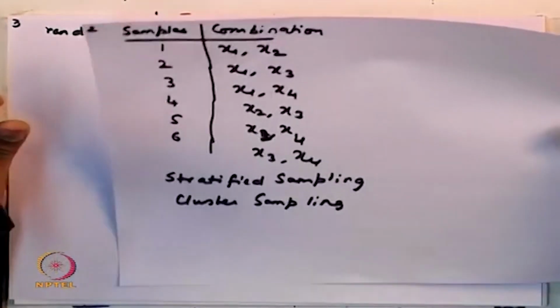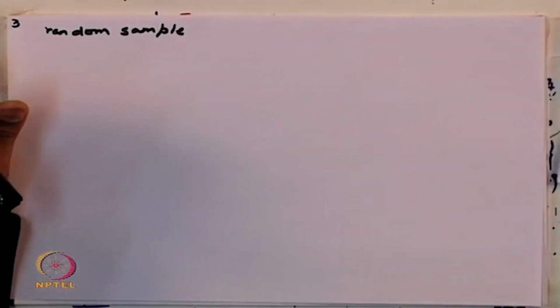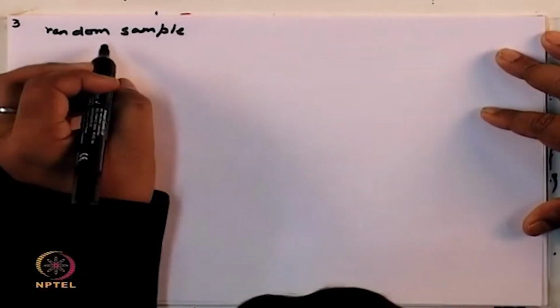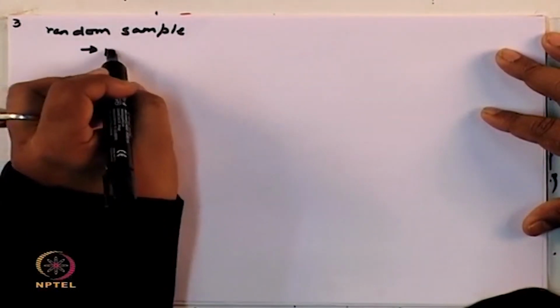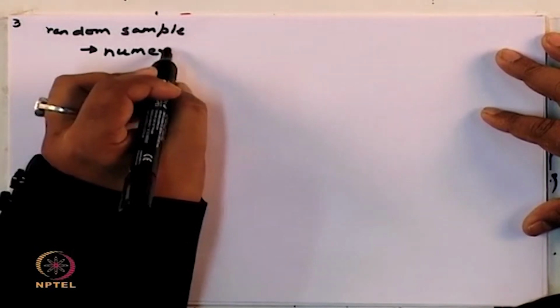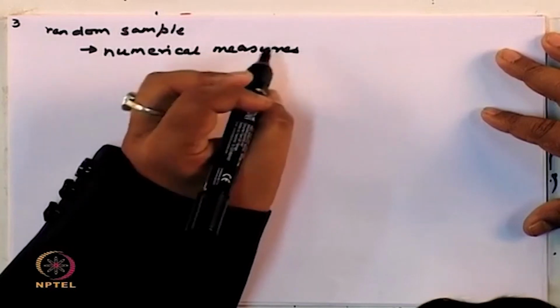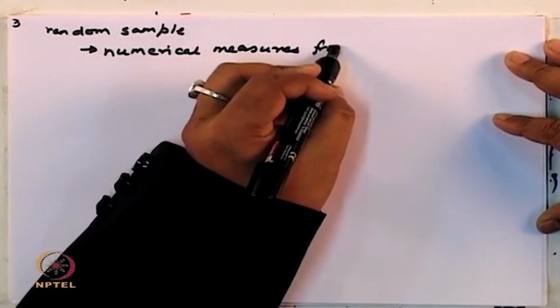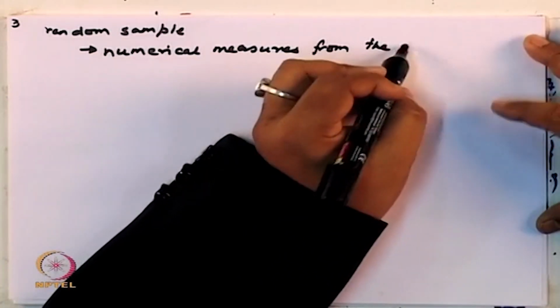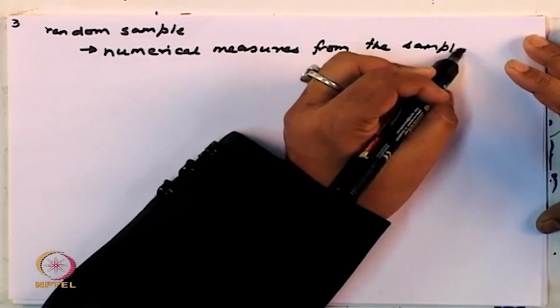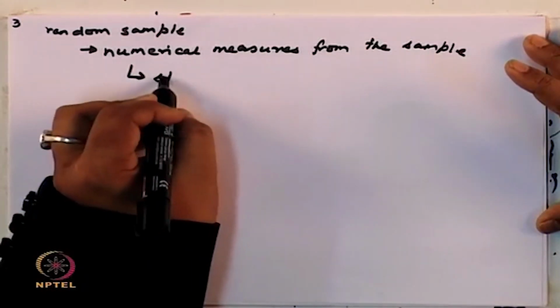I can think of average height. So, you can come up with numerical measures from the sample, and these are called statistics.